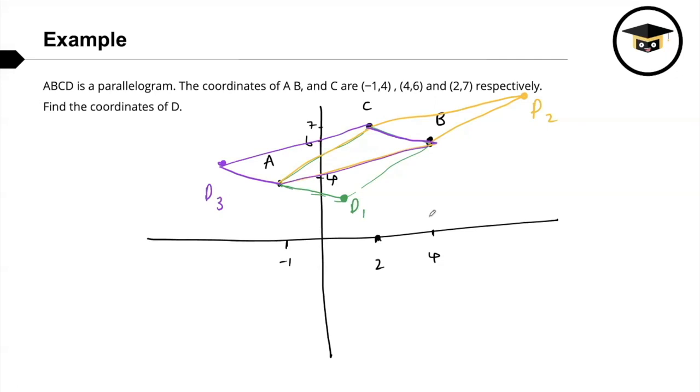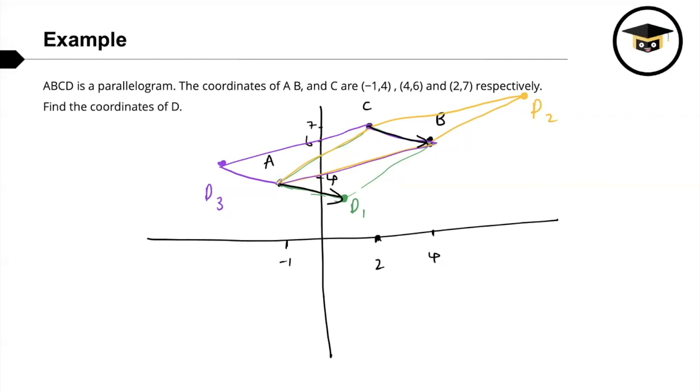Basically, we're going to use a bit of common sense here and realize what these points are. You can see that A to D1 would have to be the same as C to B, right? So what is from C to B? Well, C to B, we're basically going down by one Y unit, and across by two X units.